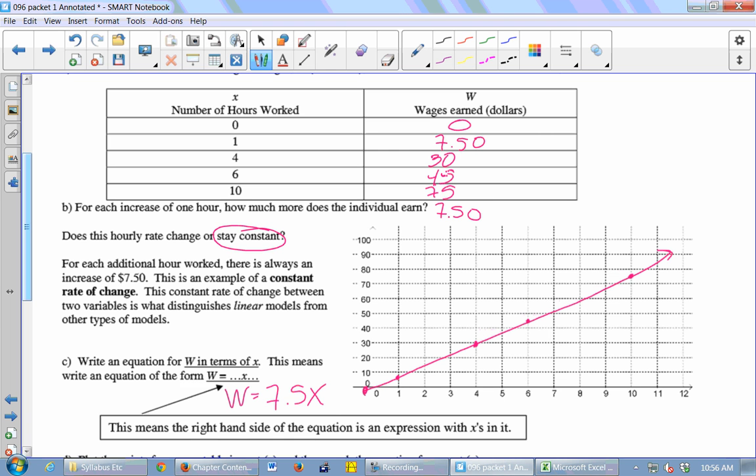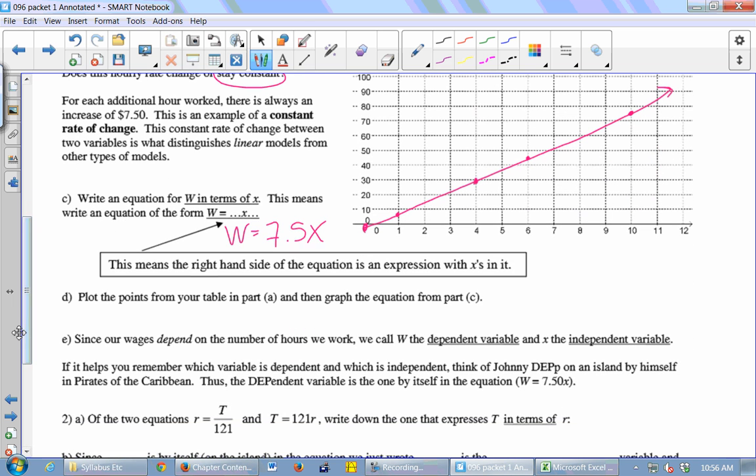Preferably I'd use a straight edge, but I don't have one. So the reason they all fall in a straight line is because for each hour worked additionally, you make an extra $7.50. That constant rate of change is what makes it a line. That's why we call it a linear model.